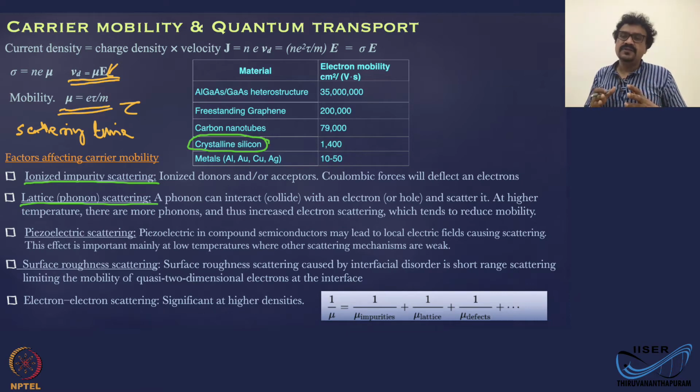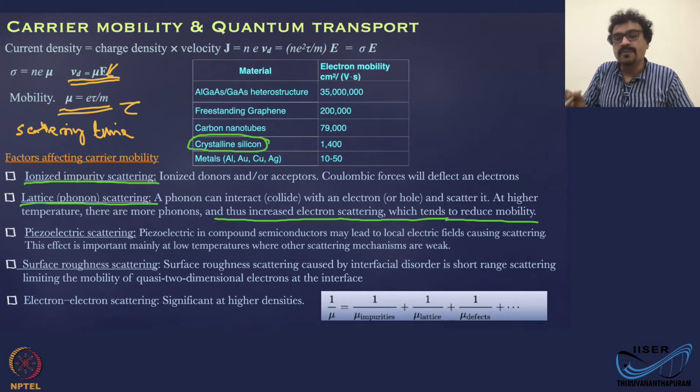These phonons are generated by temperature or lattice vibration. At higher temperature you have a lot more phonons than at lower temperature. This phonon scattering is a strong function of temperature, so you have lower mobility at higher temperature. And that is the reason why you get a higher conductivity at lower temperature for metals.